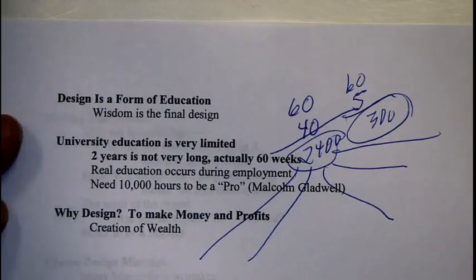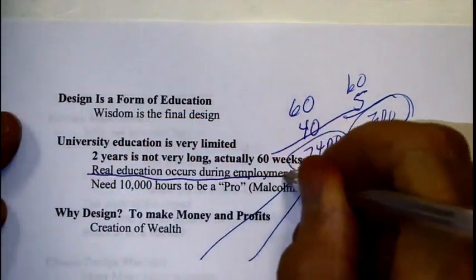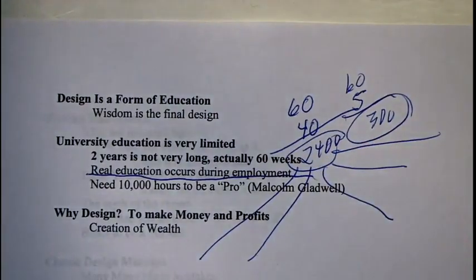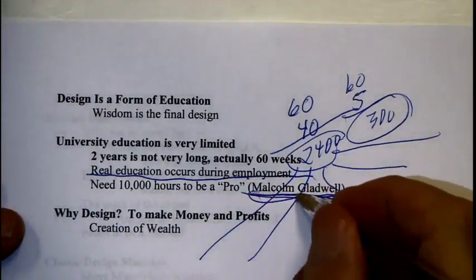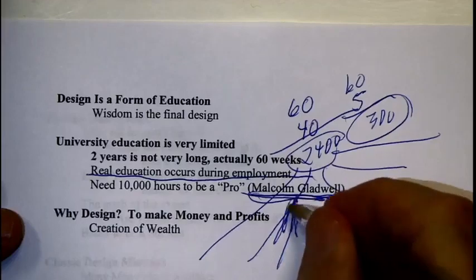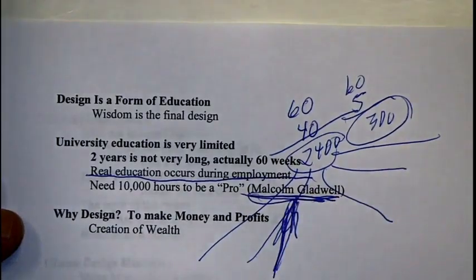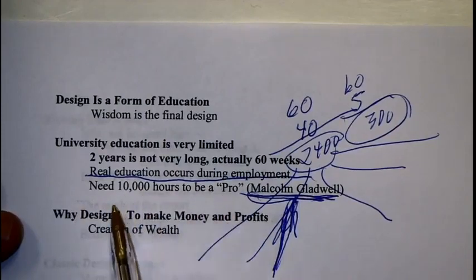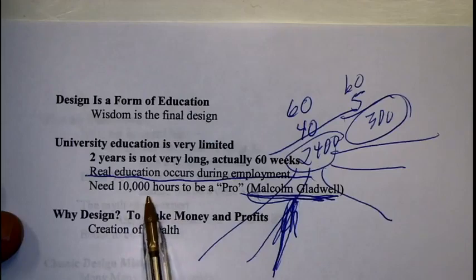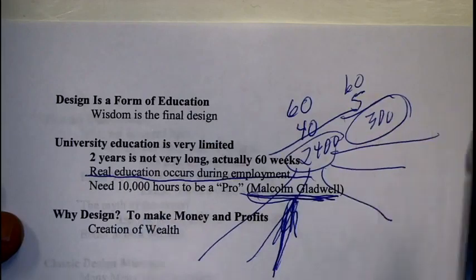So in a real sense, real education starts to occur when you're employed. And if you read Malcolm Gladwell, excellent books. And in one of his books, he figures that to become a pro at something, you need to put in 10,000 hours of concentrated effort.